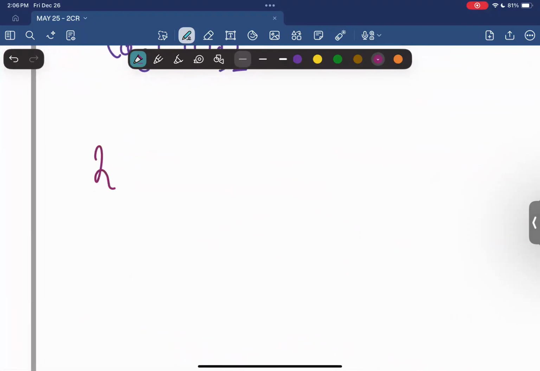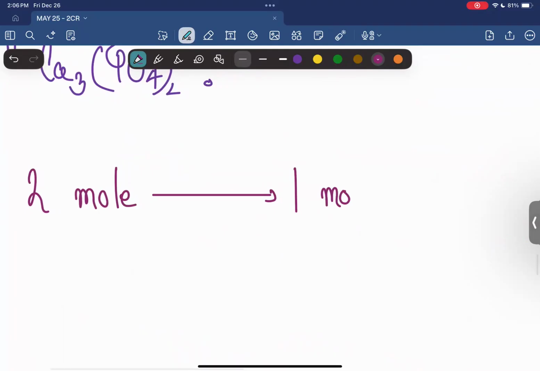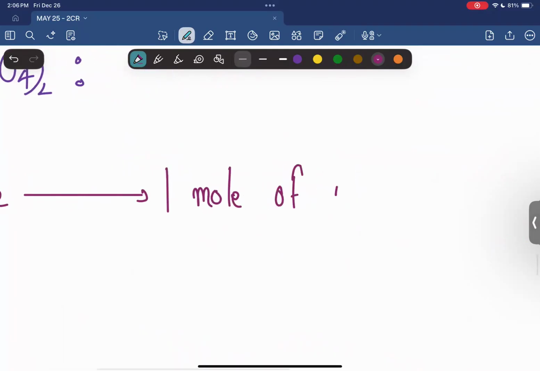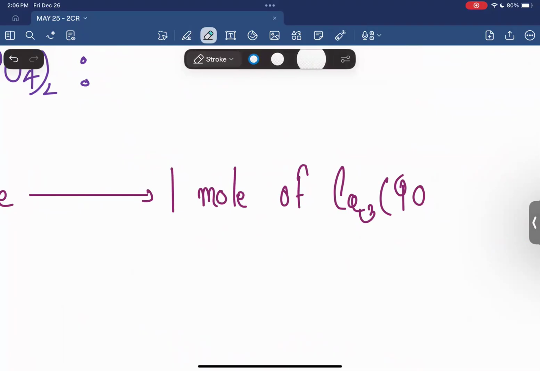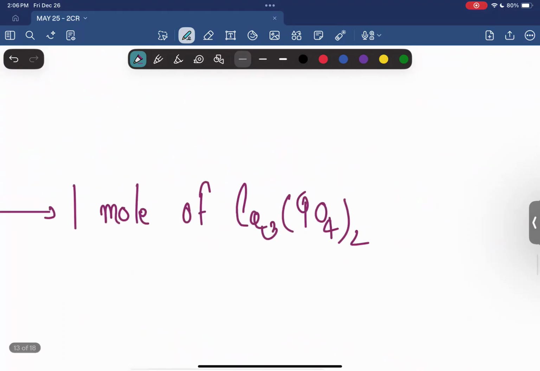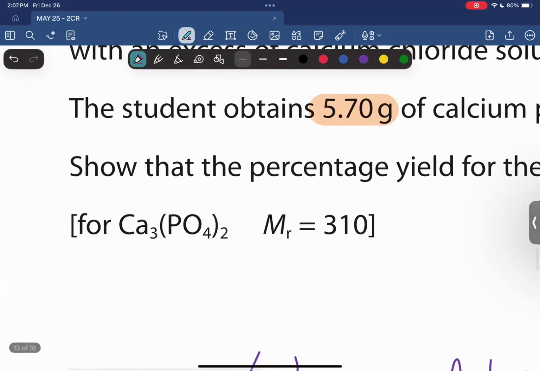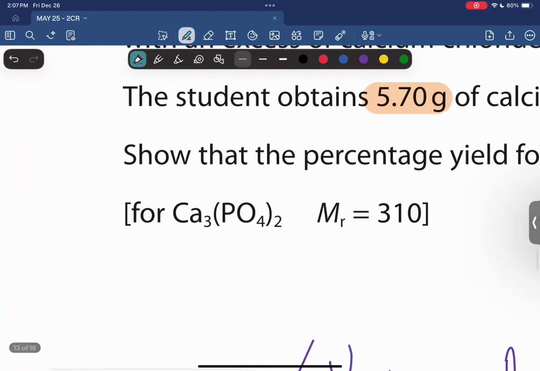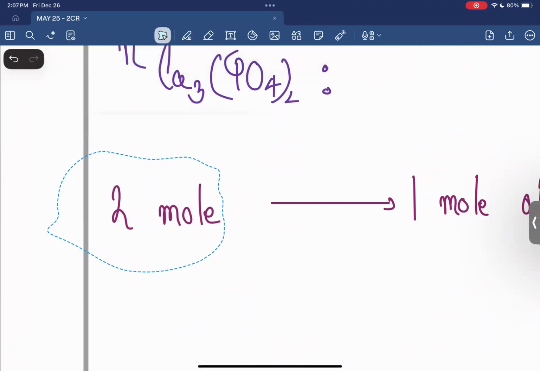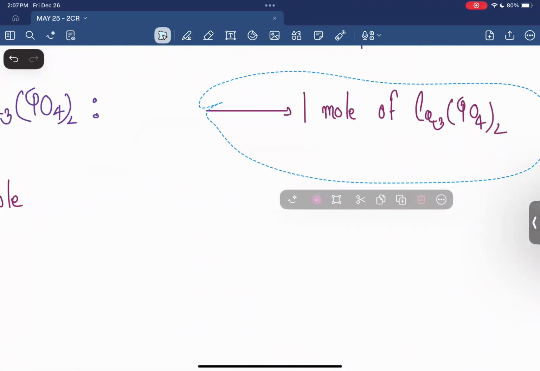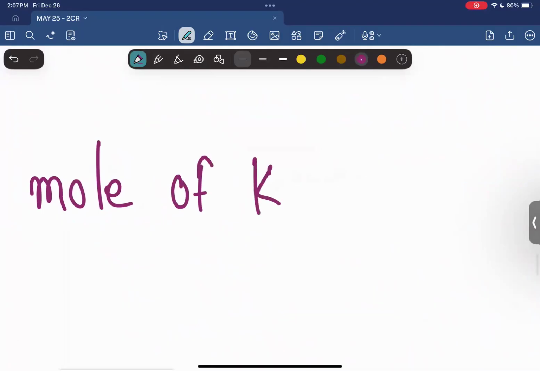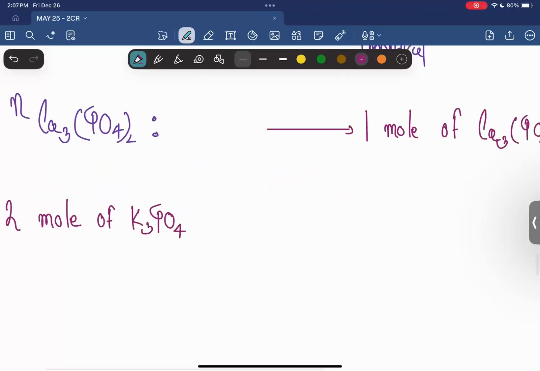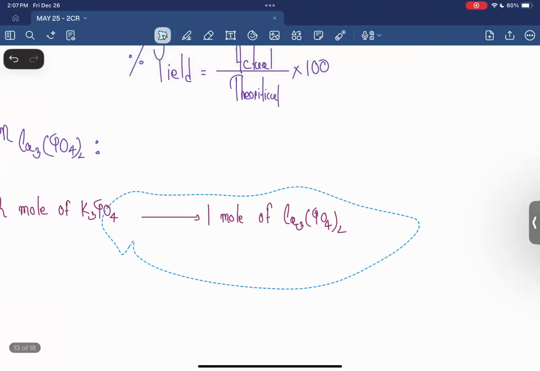So 2 moles of K3PO4 reacts with 1 mole of calcium phosphate, right?